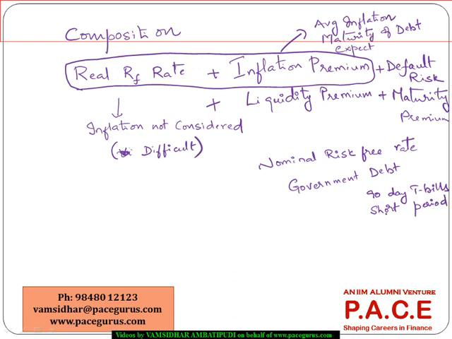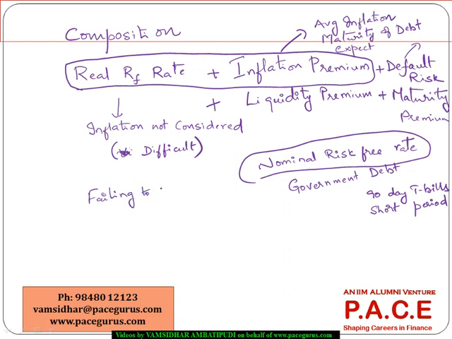So when I am looking at a shorter period government debt, whatever is the interest rate available on that, we can equate it to a nominal risk-free rate. And then we are talking about a default risk premium, where non-government, probably corporate borrowing or individual borrowing, where there is some kind of possibility of failing to pay.